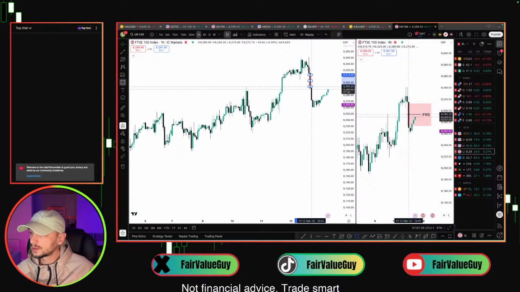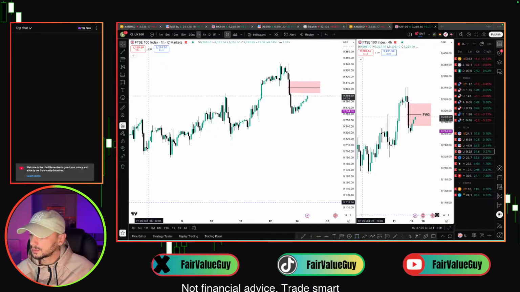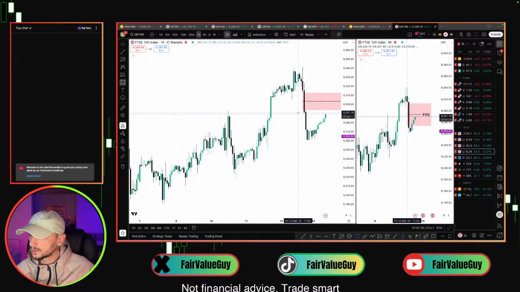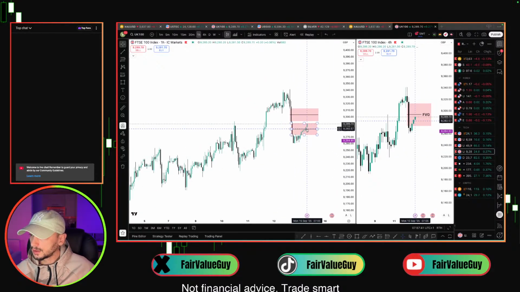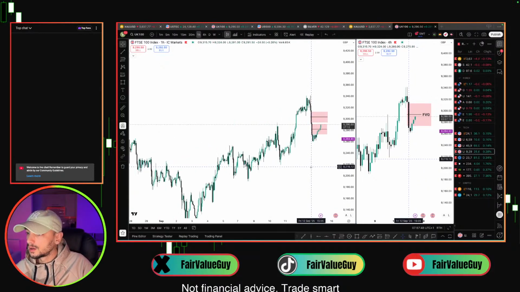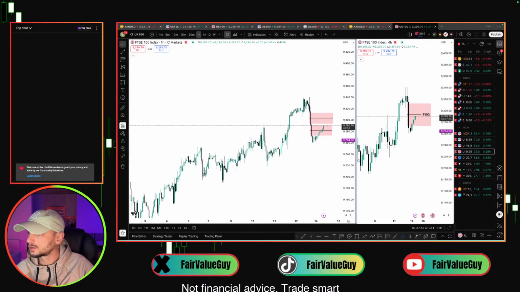On 1 hour we have those two fair value gaps. It's very important to see how this hour is gonna react. Are we gonna close above, or are we gonna close inside? This is how it looks on 1 hour and 4 hours. We need to be aware all the time of the bigger time frame.